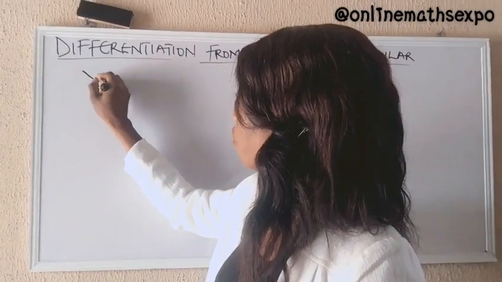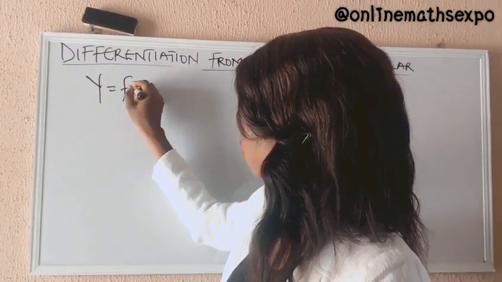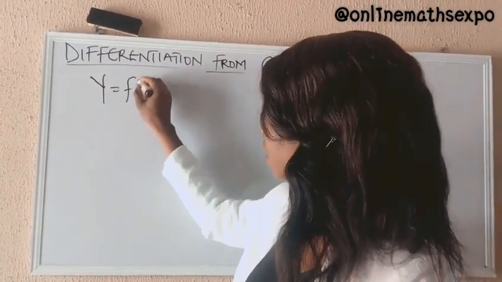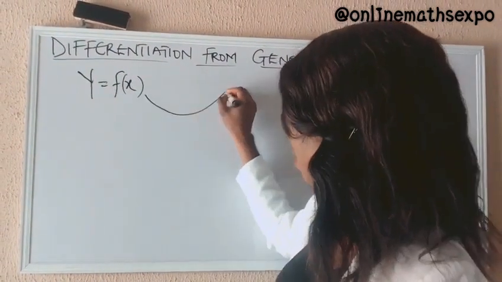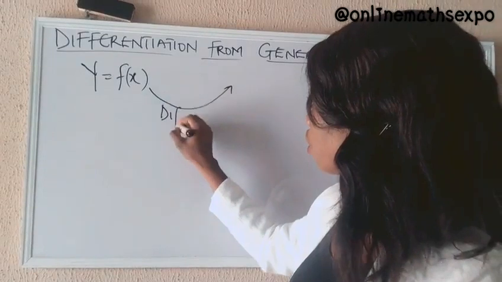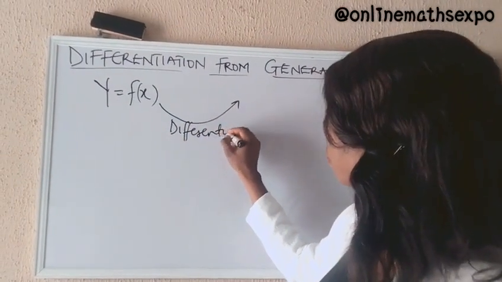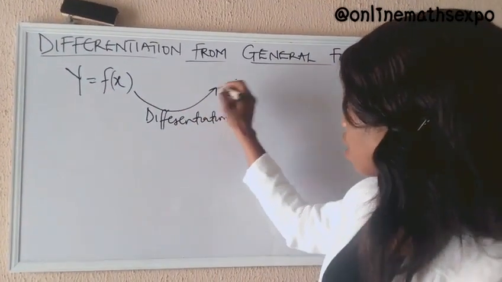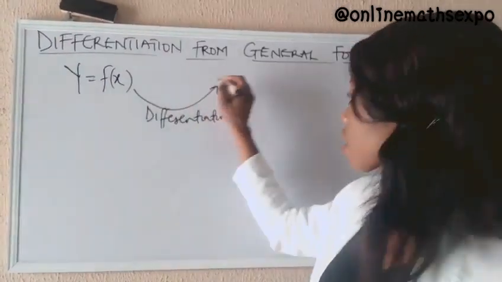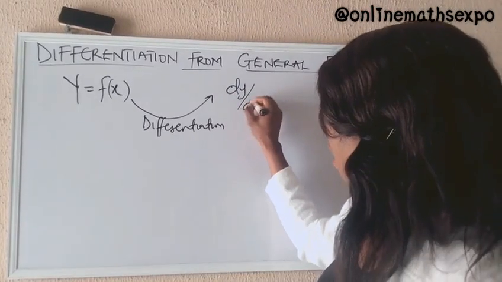Supposing we are given y as a function of x, and in this, we are asked to find the differentiation. Its differentiation, if you are differentiating this, remember y is a function of x, we call it dy dx.